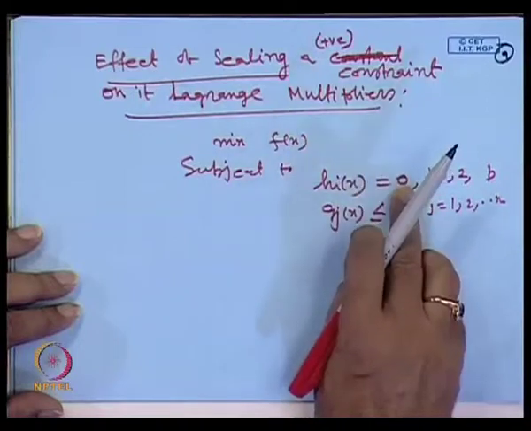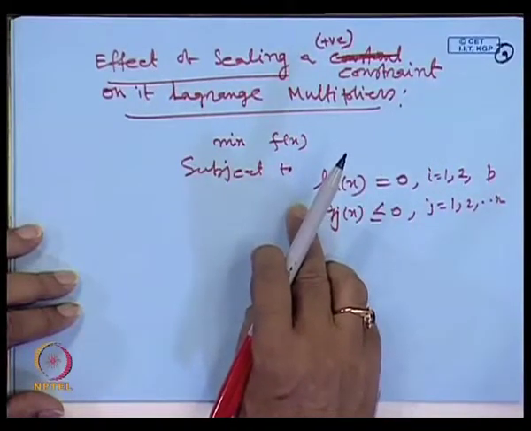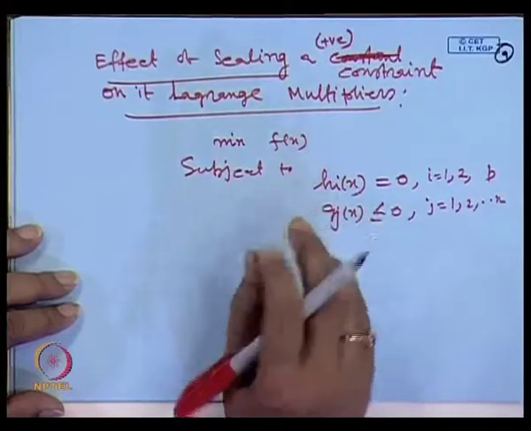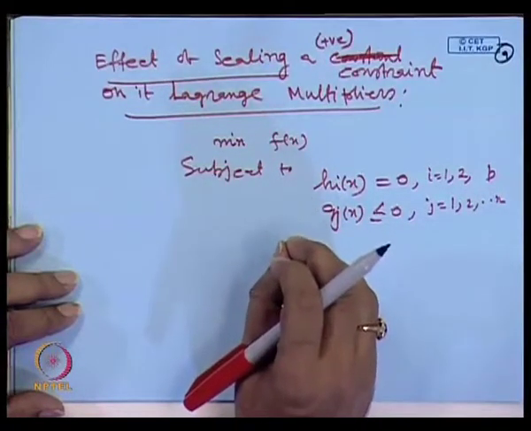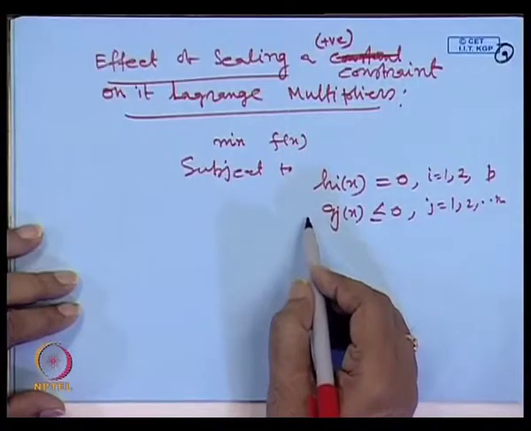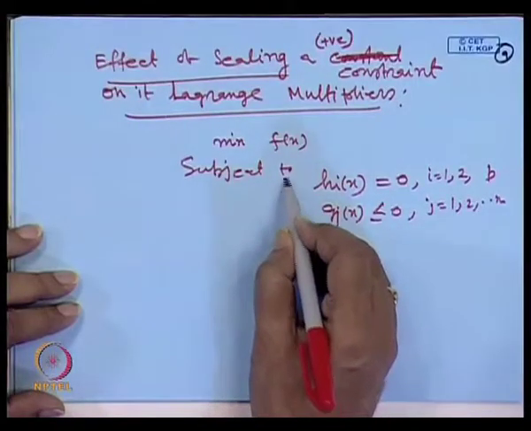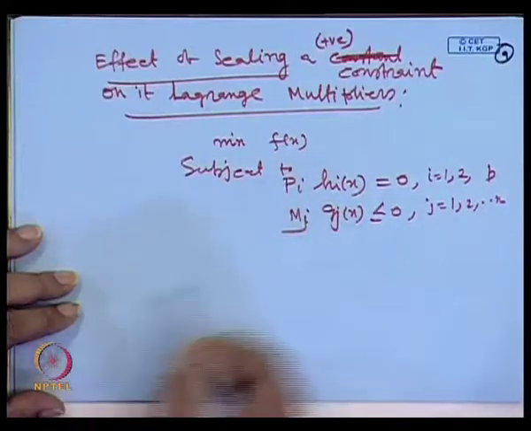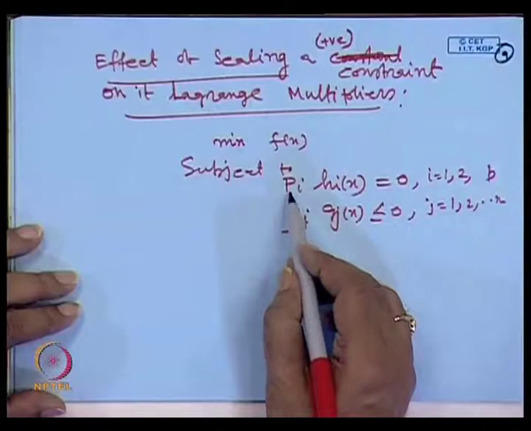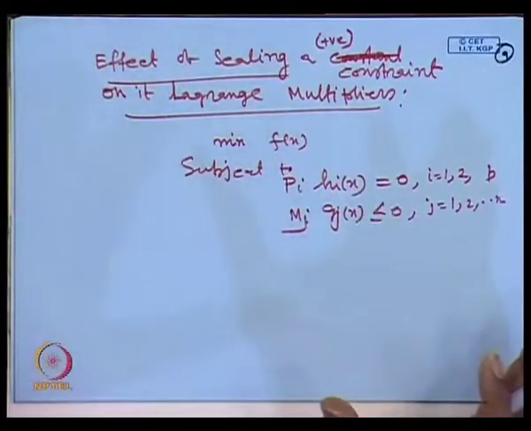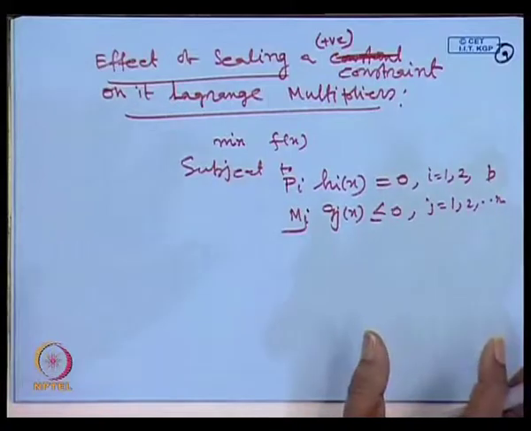This equality constraint is scaled by a quantity, let us call it capital P i, the scaling factor, which is greater than 0, a positive quantity. This is also multiplied by M j. So, if you multiply by a positive quantity, the constraints are not changed at all.